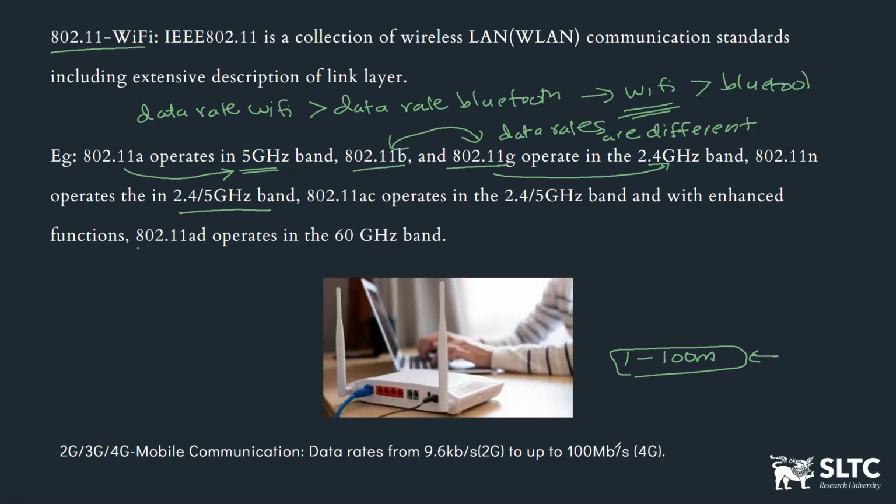So with 2G up to 4G, we can achieve up to about 100 megabits per second. So that is also one of the possible communication technologies for IoT applications.